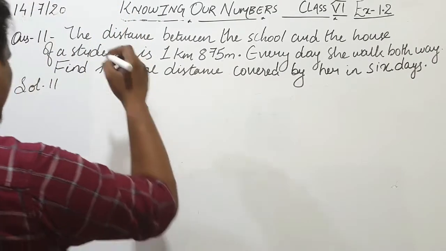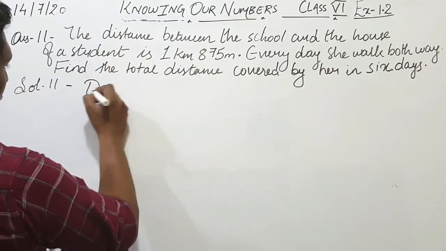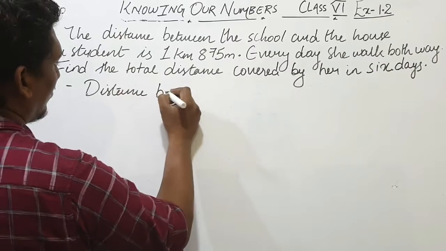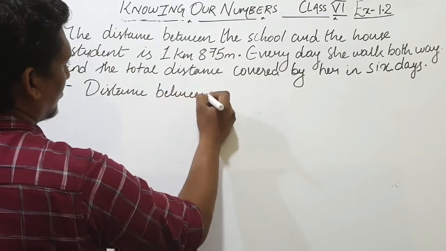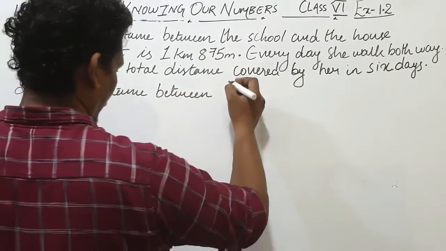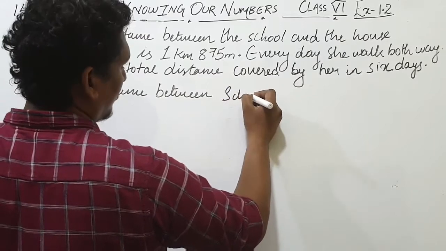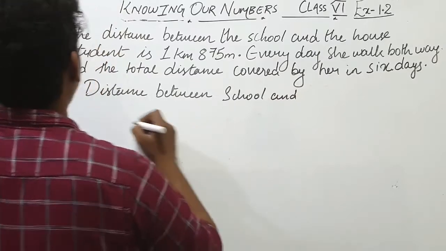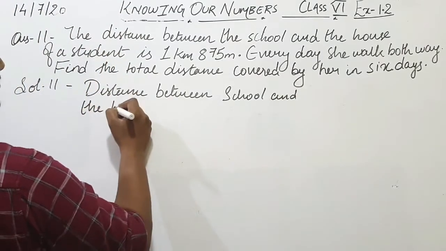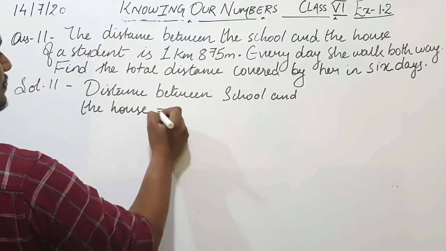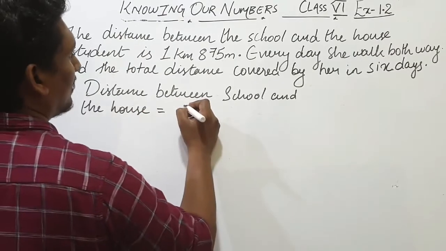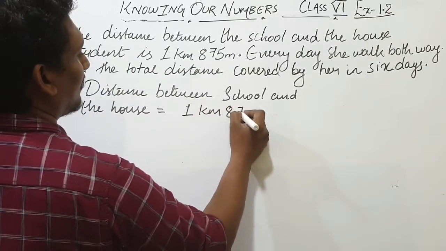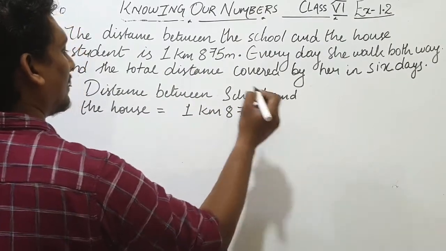So come to the steps. Distance between school and the house. Okay, that is given how much? 1 kilometer 875 meter.